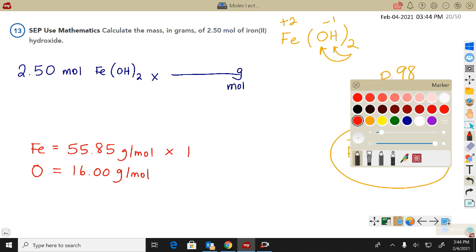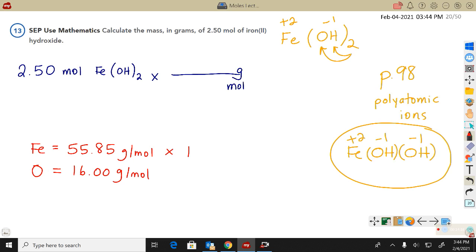And so when I see that 2 on the outside of the parentheses, you can distribute that to everything on the inside. So this is really going to be a total of 2 oxygen, 1, 2. Or if I do the same thing with the hydrogen, its molar mass is about 1.01 grams per mole.